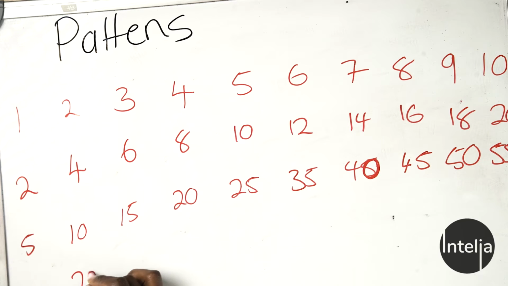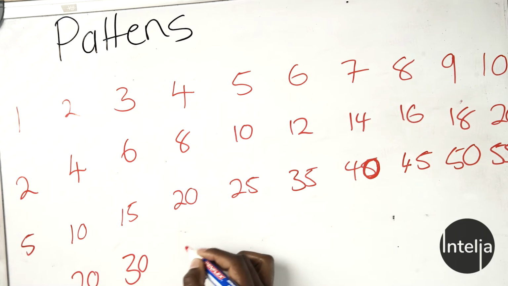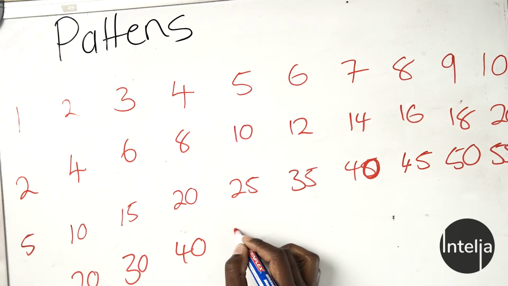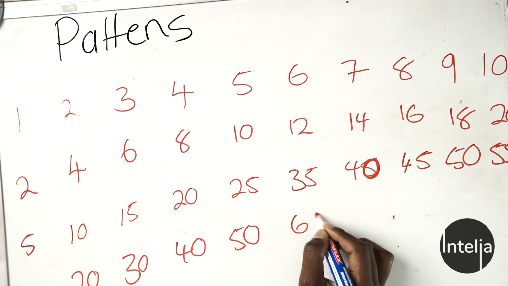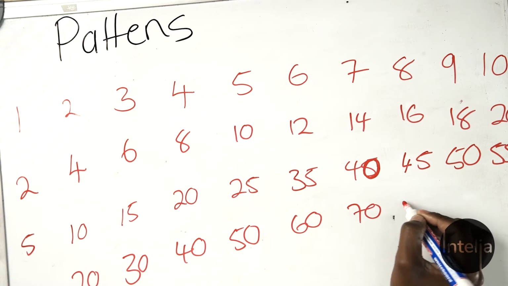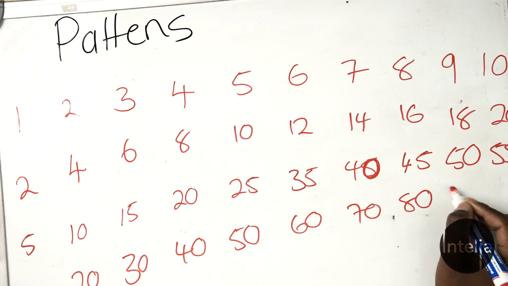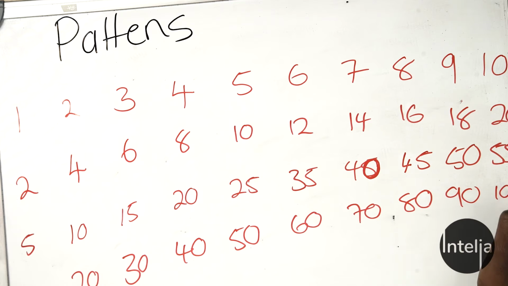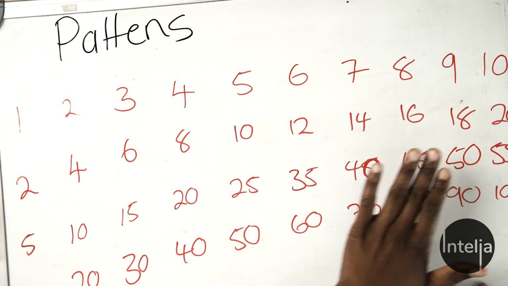Then 10, 20, 30, 40, 50, 60, 70, 80, 90, 100. So we have 1 up to 10, 2 up to 20, 5 up to 55, and 10 up to 100. So this is a pattern of numbers.